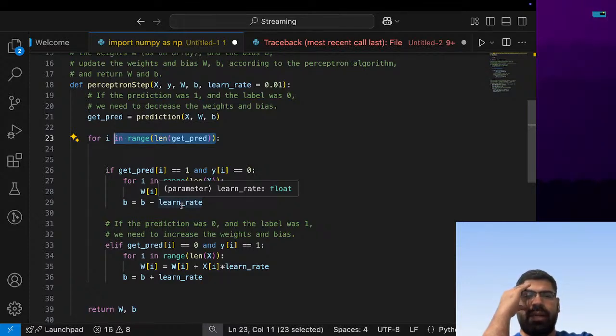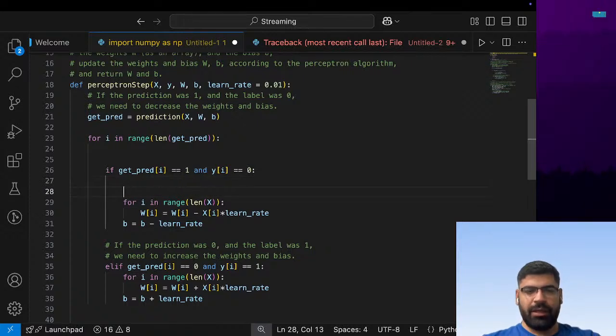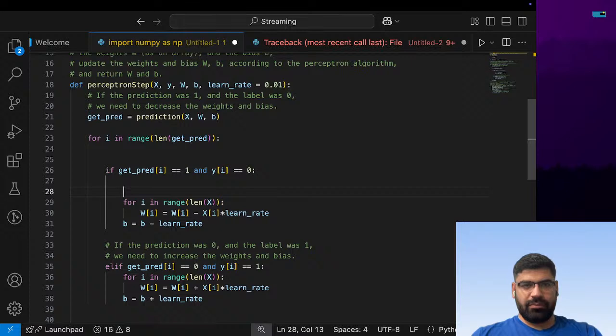I just have to go back and get the new prediction and then repeat. Okay, so here it will be like this, right? Decrease, but keep decreasing till the prediction is correct. So probably I will get like a new array.